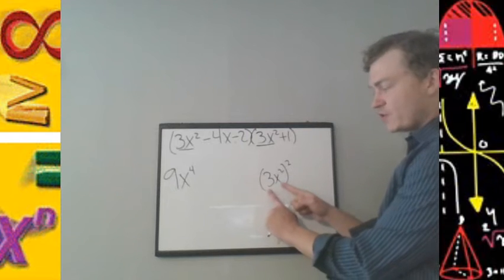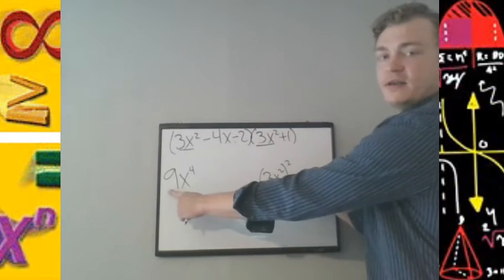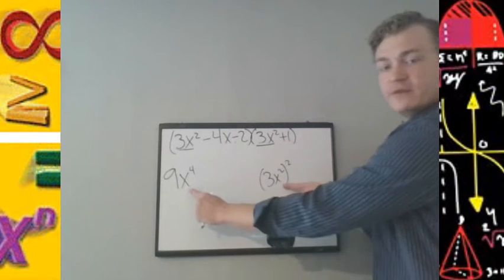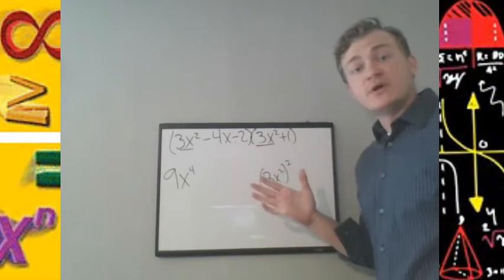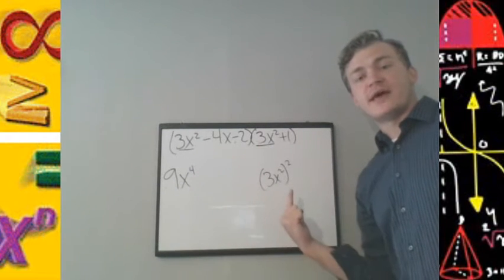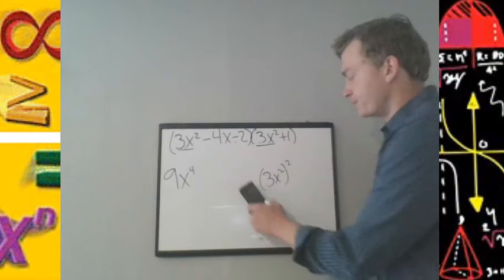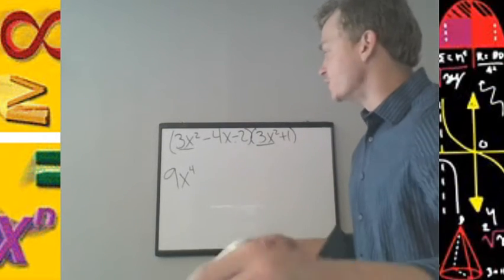Well, again, if you have some number, 3x squared, squared, you're going to square the 3 to get 9. You're going to square the x squared to get x to the 4th. Just a fun little fact to show us that we can rewrite that product. 9x to the 4th can be rewritten as the quantity 3x squared raised to the 2nd power. But I digress. Let's move on.